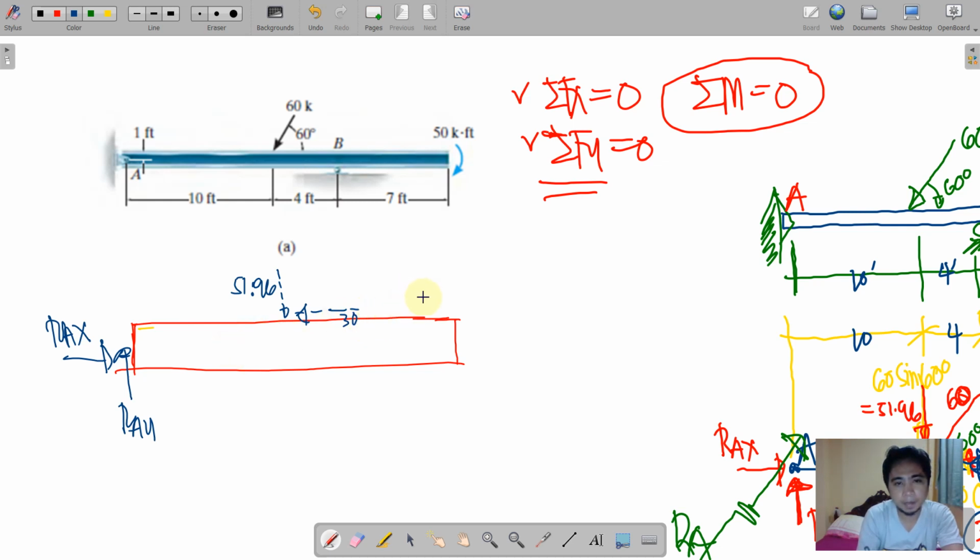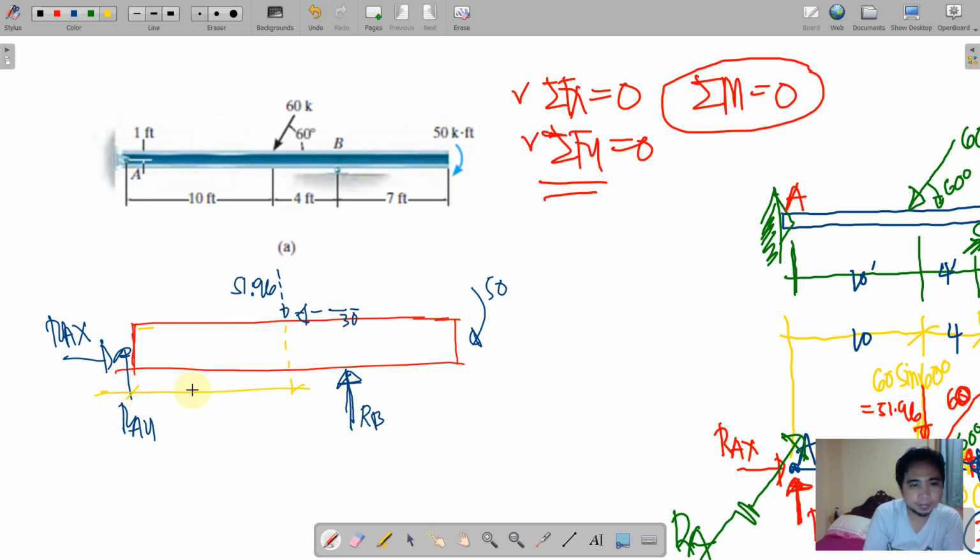Okay? So ngayon, dati na yan, and then of course we have here RB. We have here RB. So for the distances, sige, gawin na natin yung distance. So let us just have this perpendicular distance here.